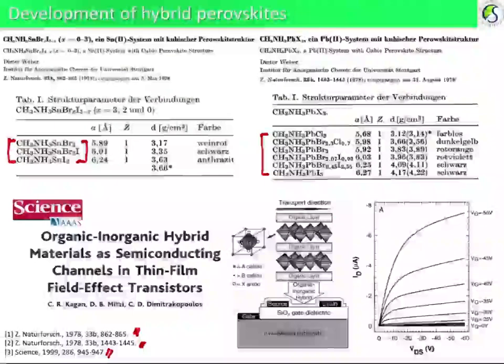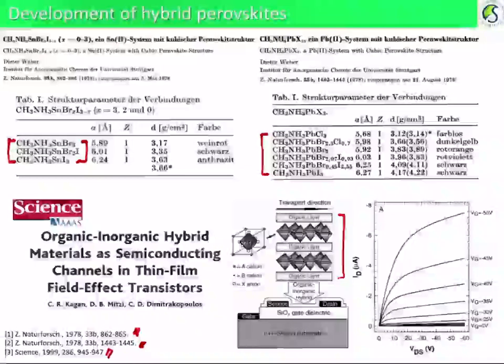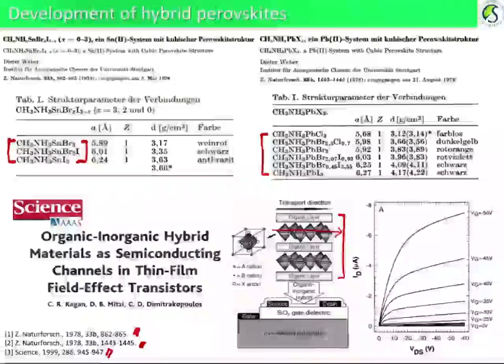In this device, they used the two-dimensional organic-inorganic hybrid perovskite, which has excellent in-plane charge carrier mobility. So they incorporated this perovskite into a transistor device. You can see that this paper, based on the organic-inorganic hybrid perovskite material, was published in the Science paper.